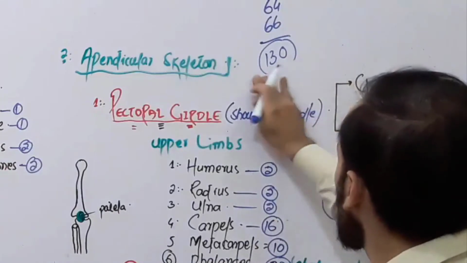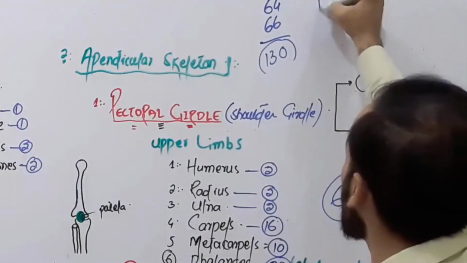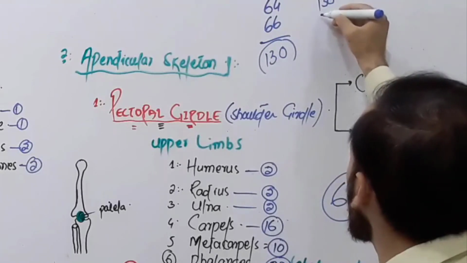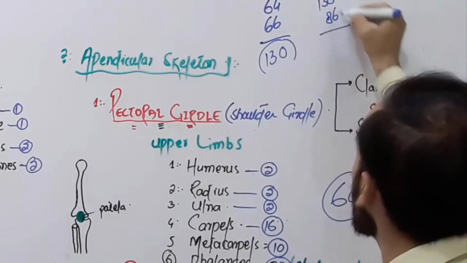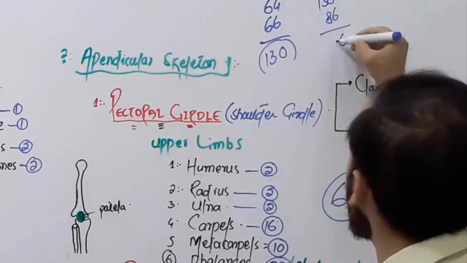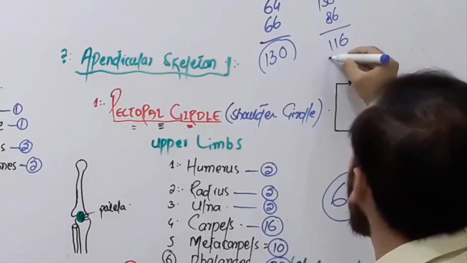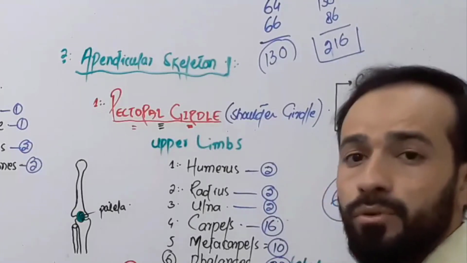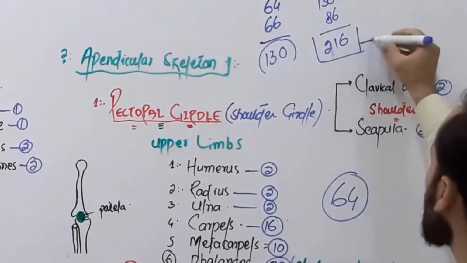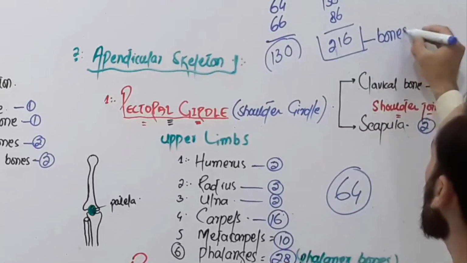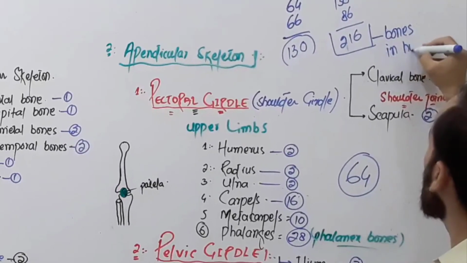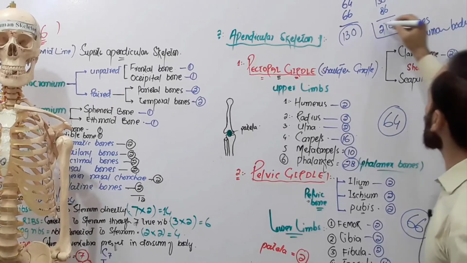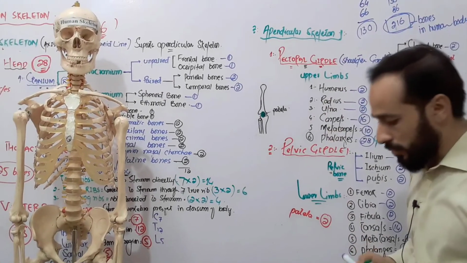Now let's make a mathematical calculation. 130 plus 86, we get 216 bones. A total of 216 bones are found in the human body, right?